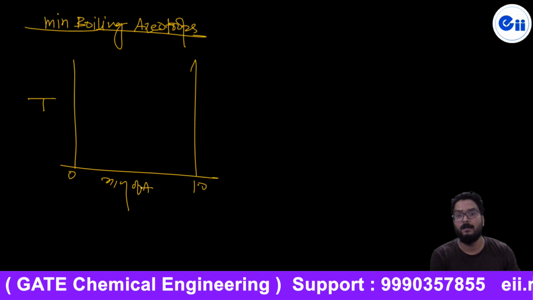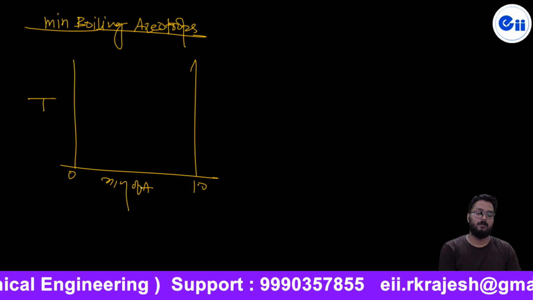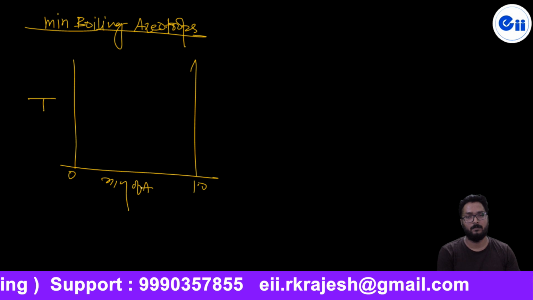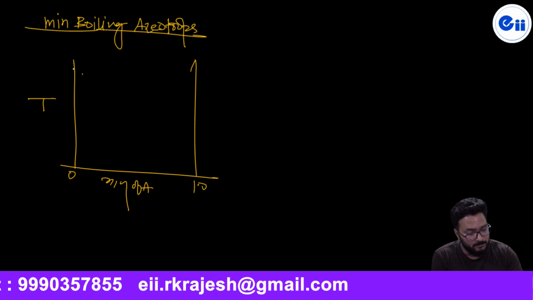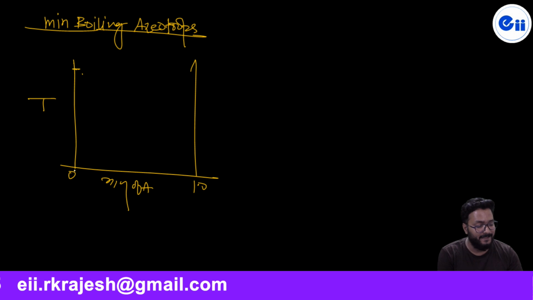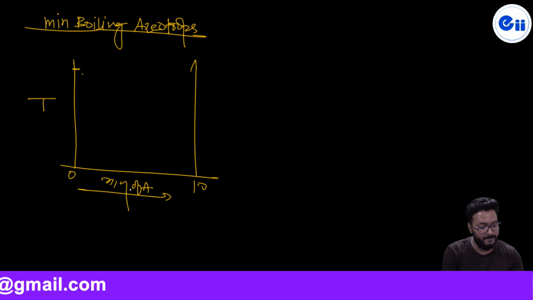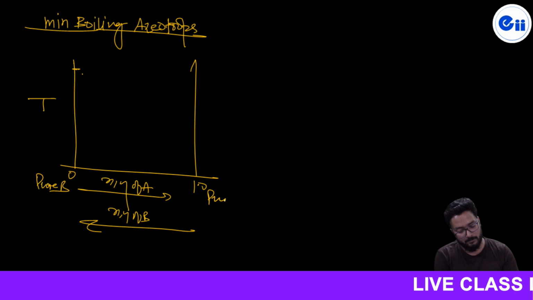A. A means the lighter component or more volatile component. Now, my dear student, listen. Here x, y of A is increasing in this direction and x, y of B is increasing in the other direction. Here it is pure B, here it is pure A.